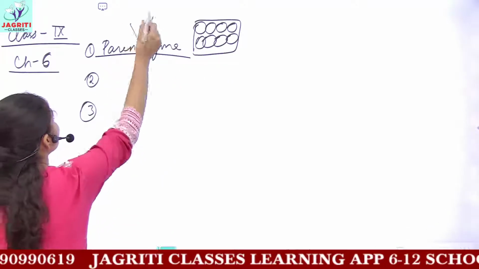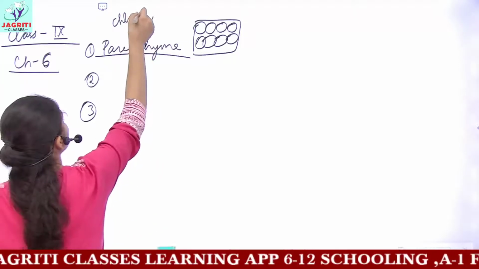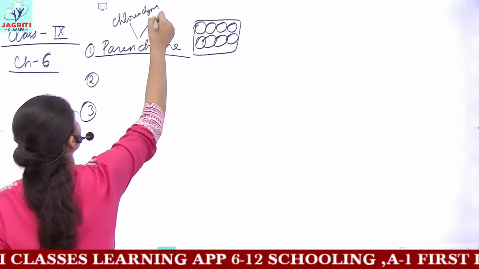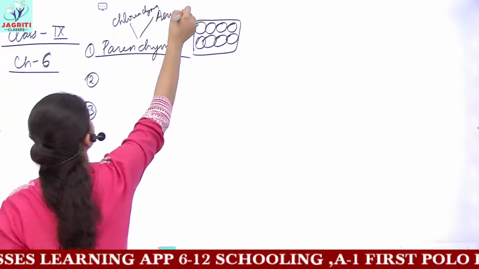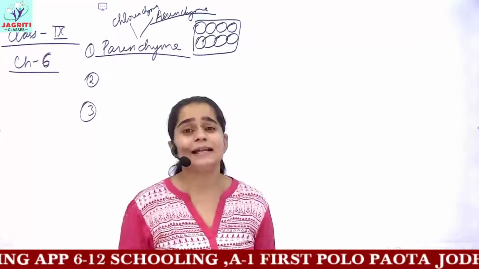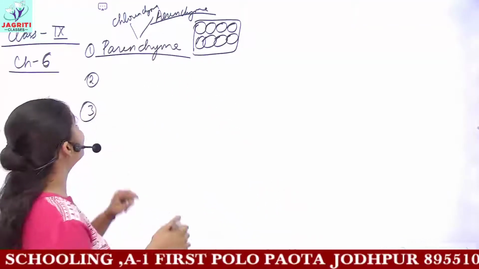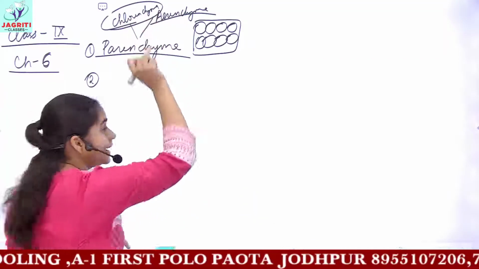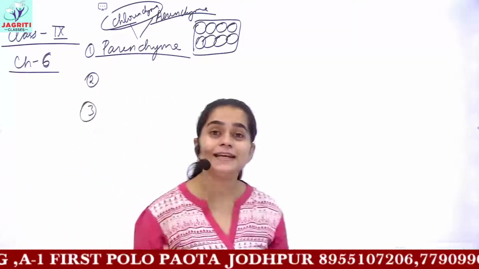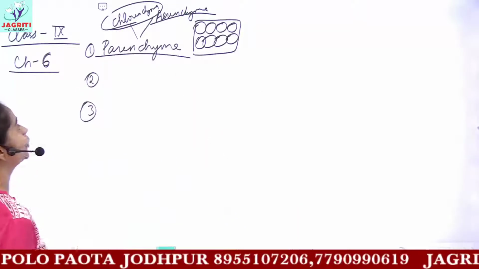Then we also dealt with two other kinds of parenchyma, which were chlorenchyma and aerenchyma. Aerenchyma is present in aquatic plants, and this aerenchyma has air cavities which help the plants to float. Chlorenchyma, the parenchyma tissue containing chlorophyll in it, helpful for photosynthesis, is referred as chlorenchyma.